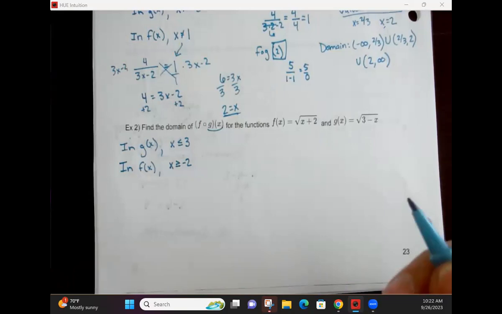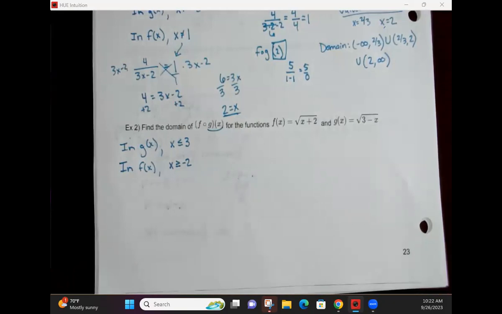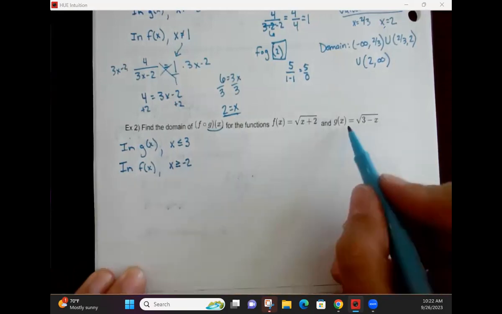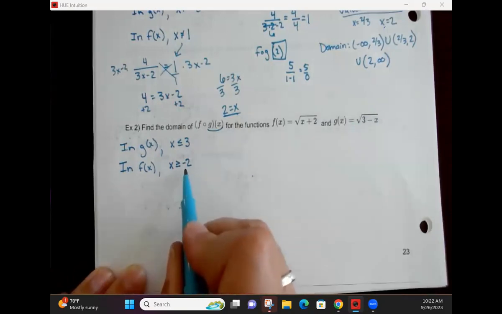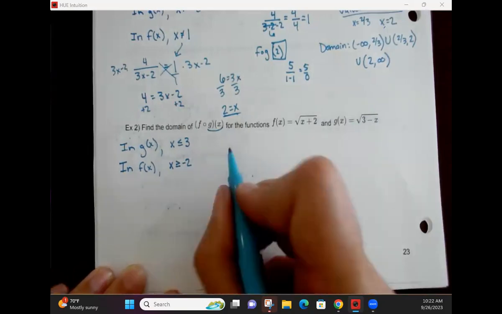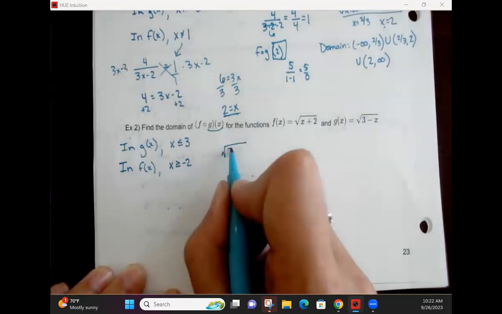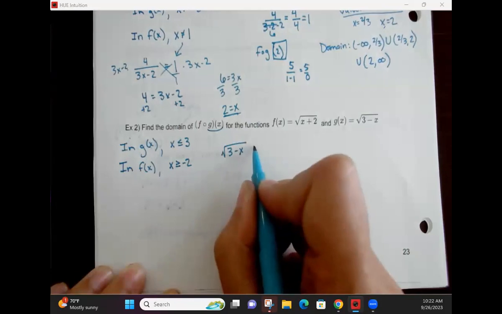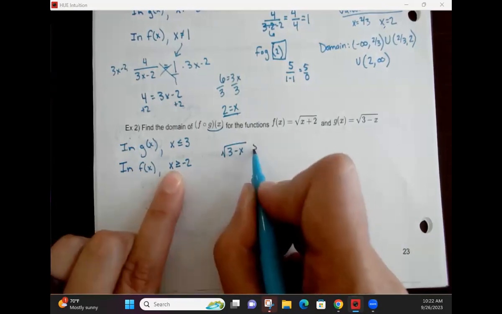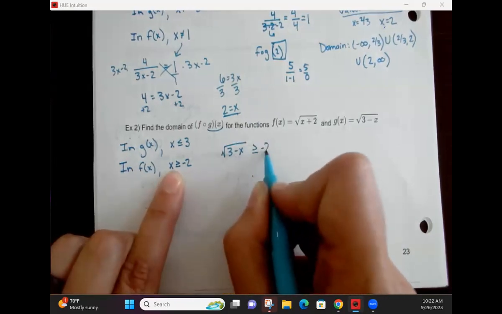We can take the square root of 0. But anything less than -2 would be a problem. So what we would be thinking about would be values where the output for g of x would be less than -2. So when would the square root of 3 minus x be, well, I need it to be greater than or equal to -2.